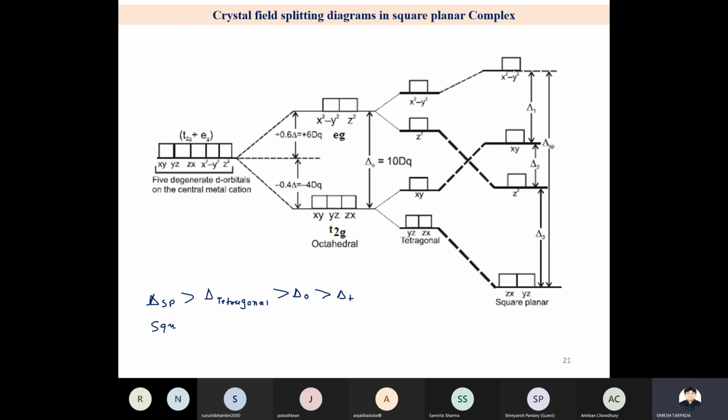In a square planar, what is the order? The order becomes dx square minus y square, then dxy, then dz square, followed by dxz and dyz.